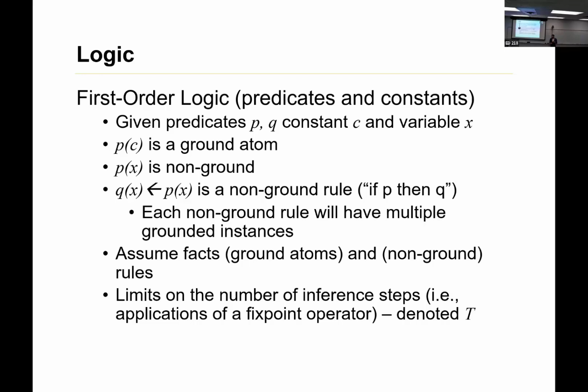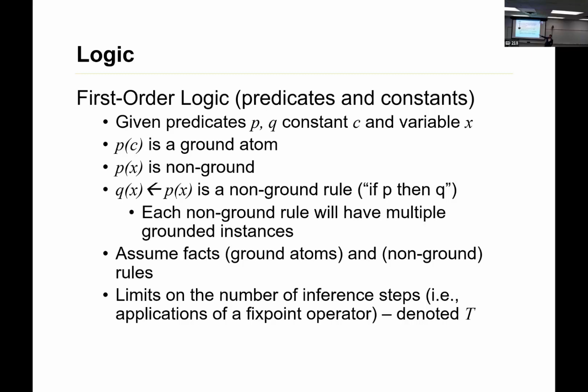Whereas with classical logic and generalized annotated programs and all that stuff, when they have the fixed point operator, they're just going to keep applying that fixed point operator until you reach convergence. Here it's a little different. We're saying, hey, we have this parameter t, not to be confused with the fixed point operator T. It's a different context here.